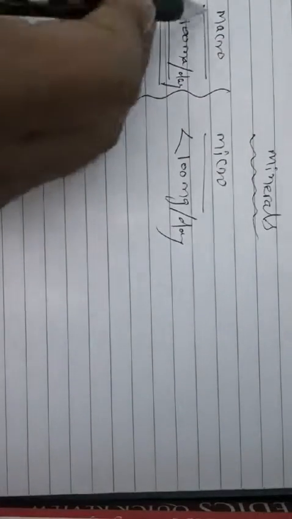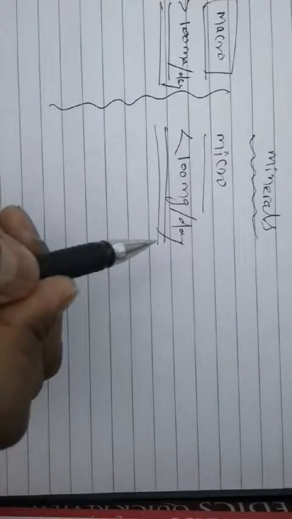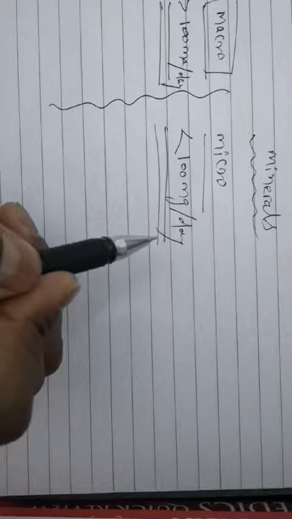More than 100 milligram per day is macronutrient, less than 100 milligram per day is micronutrient. What are the examples of macronutrient? Examples of macronutrient are calcium, phosphorus, magnesium, sodium, chloride, potassium, and sulfur.